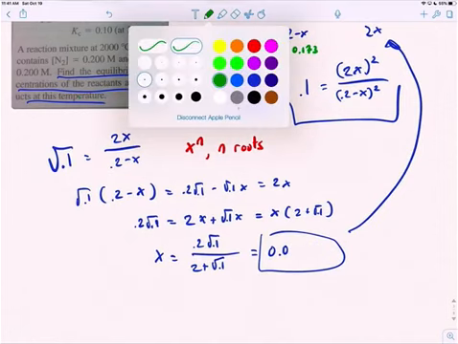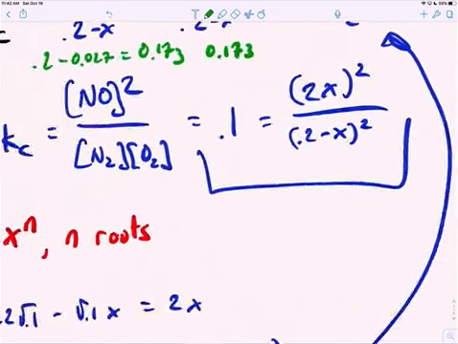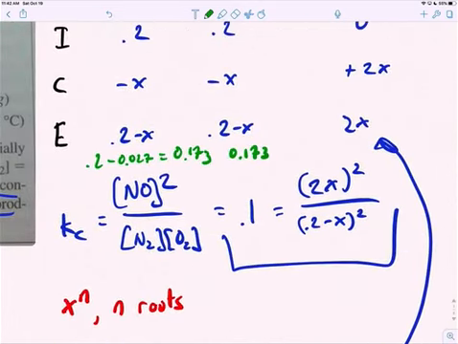This is actually 0.027. I was wondering about that math there. So this is going to be 0.054.